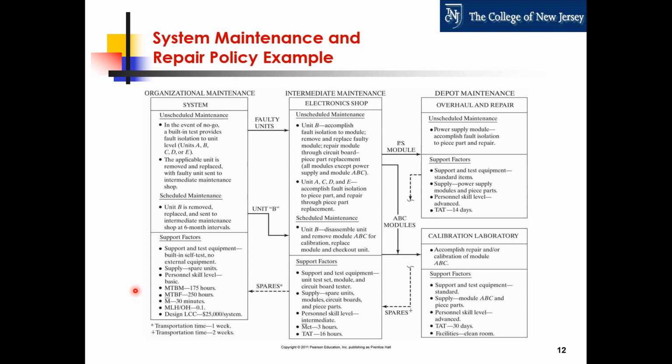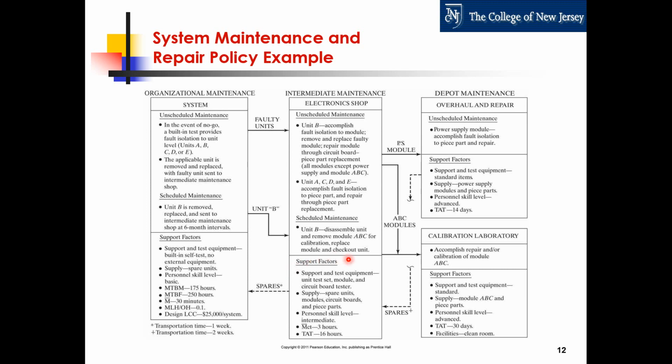We want to be able to deal with the system, so the average maintenance time is 30 minutes. So we want to be able to do whatever it is at the operational site in 30 minutes. In and out, 30 minutes. If it takes us longer, that's not a good thing. So we have to make sure that the system is designed so that is possible. So you start getting the idea for the different effectiveness factors down here at the different sites.